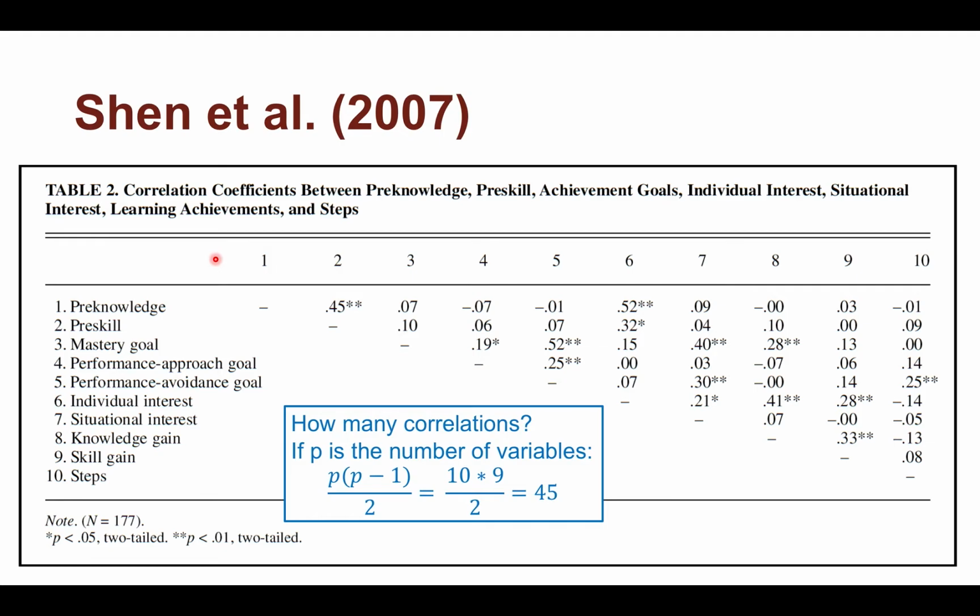In this case, we have 10 variables. So P is 10, P minus 1 is 9, 10 times 9 is 90, divided by 2 is 45. So if you were to pause the video and count all of these, you should get 45. But that just helps you plan out how many correlations you would be looking at between however many variables you have.